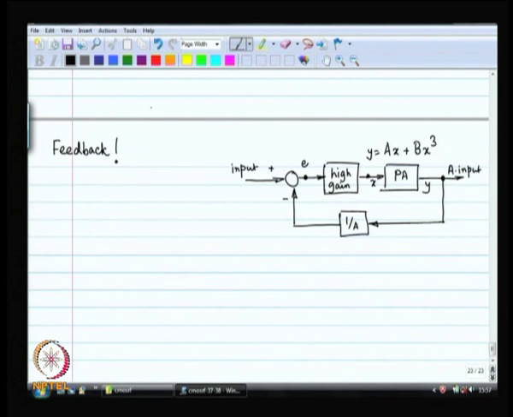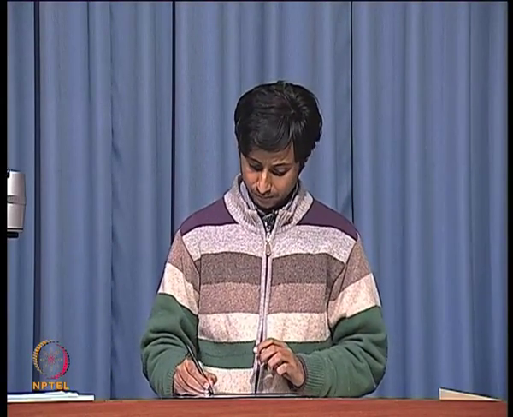If E is large, then X is out of range, X is infinitely large, and it does not make sense, right. It is never going to be infinitely large, because there is negative feedback, and therefore, that basically tells you that E is equal to 0, and if E is equal to 0, then the output has got to be equal to a times the input by virtue of the feedback path.